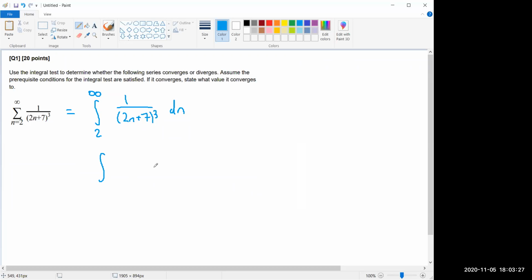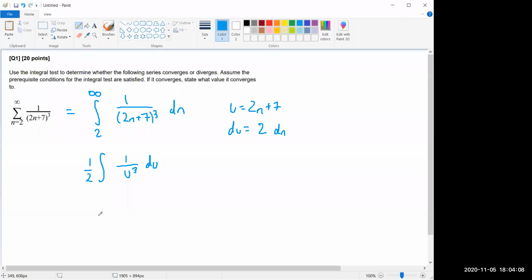U sub 2n plus 7. So that means du is 2 dn. So it's 1 over u to the third right now. And then dn is du over 2.